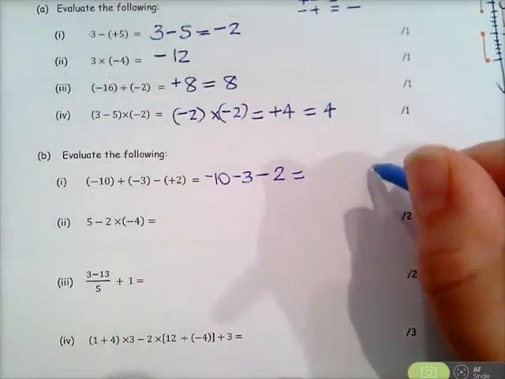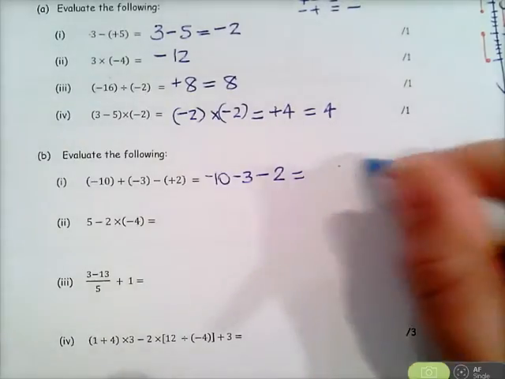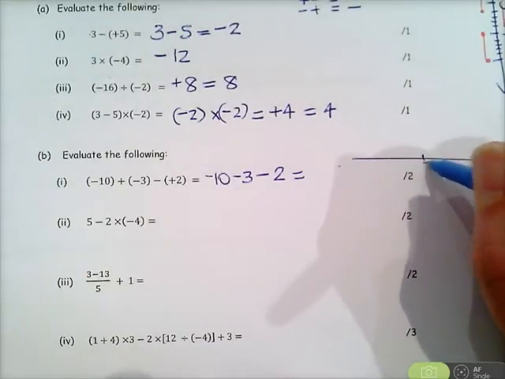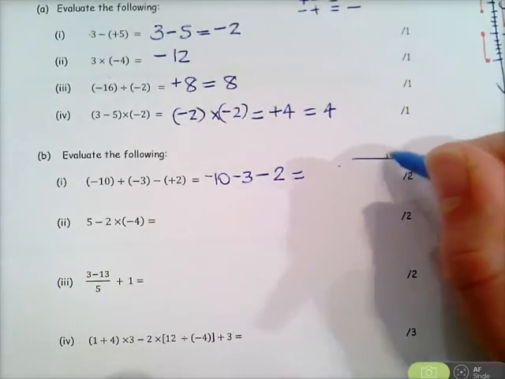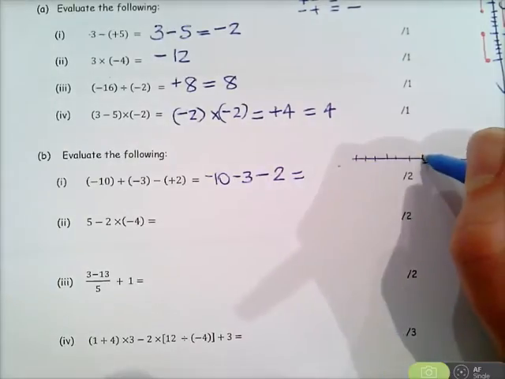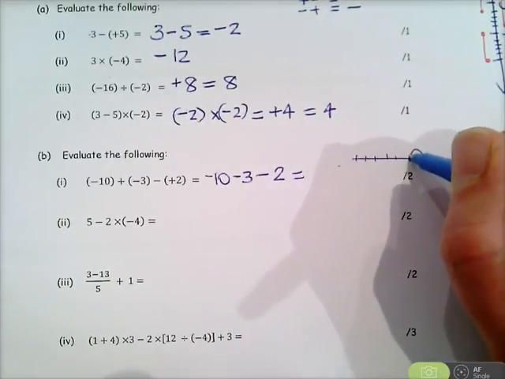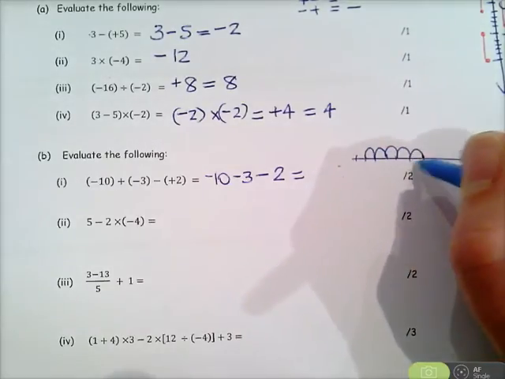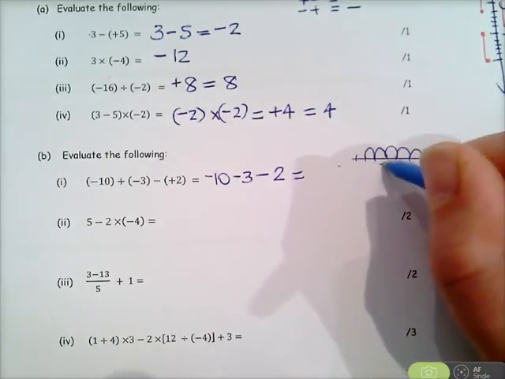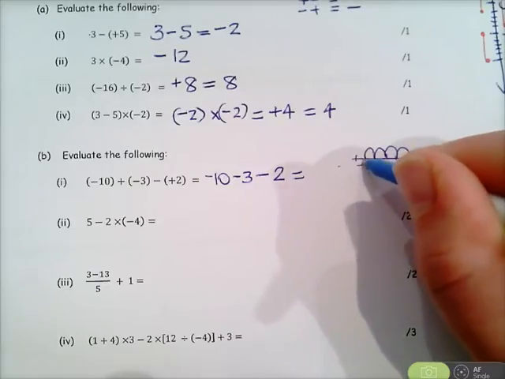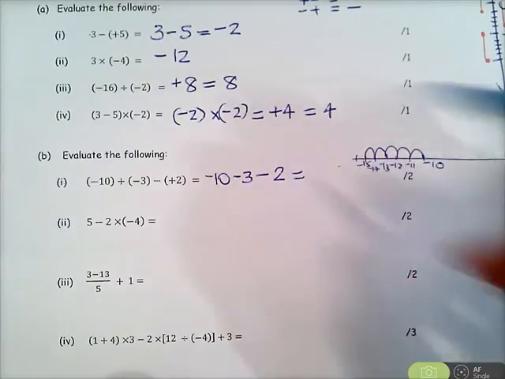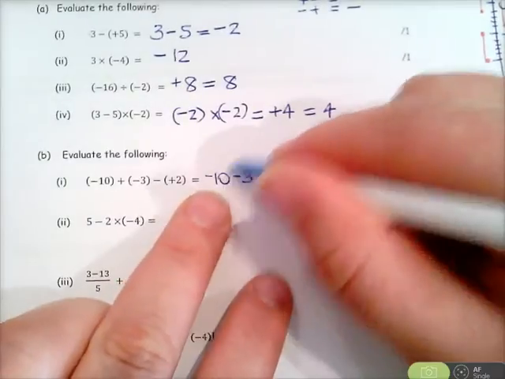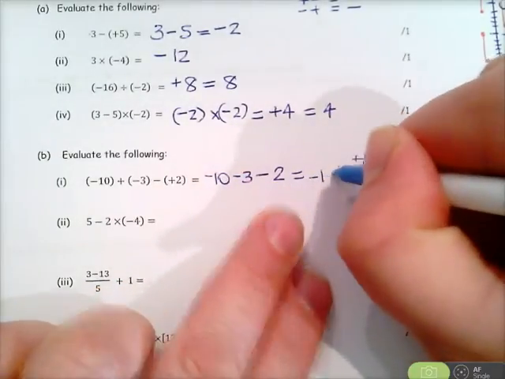You can think of it on a number line. Okay, you've got -10, say here, and we've got to keep going backwards because we're taking away 3, so we're going back 1, 2, 3, and we're going back another 2. Now remember, the negatives, you get bigger as you go smaller. So the negative numbers go that way. So I've got -10, take away 3, take away 2 is -15.